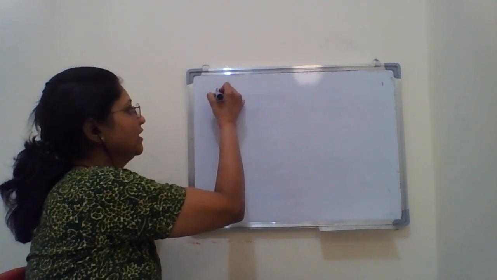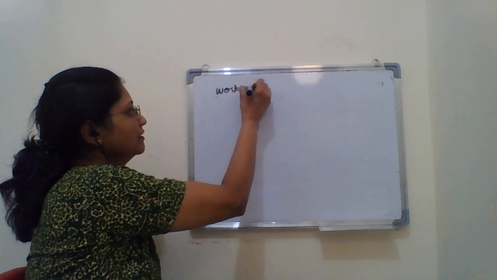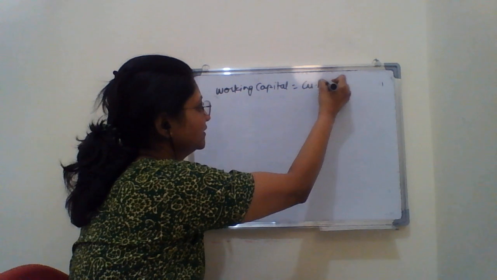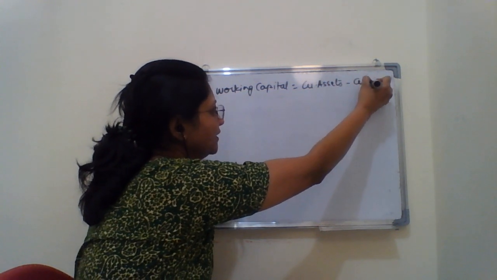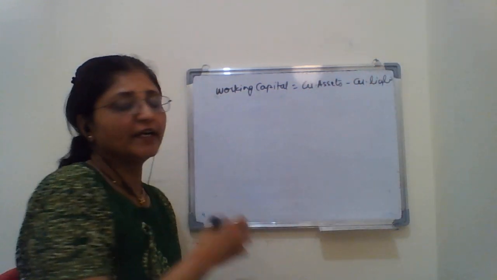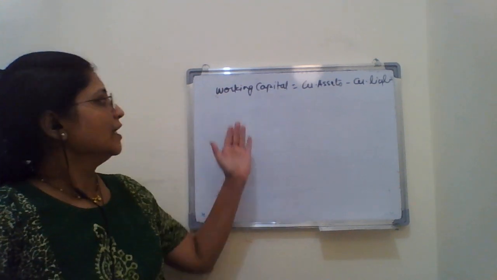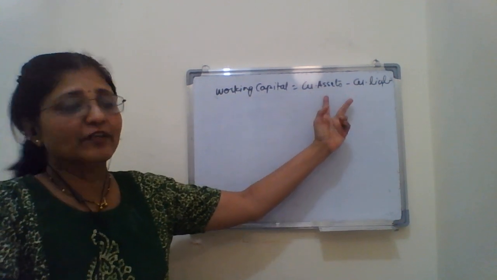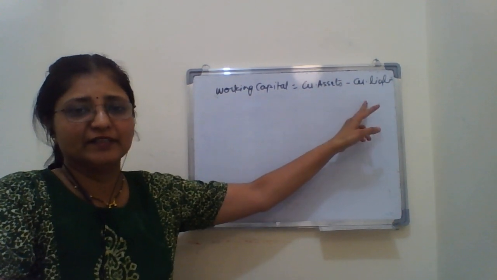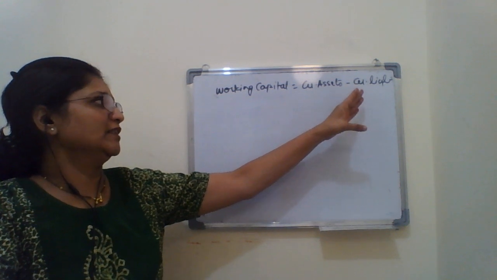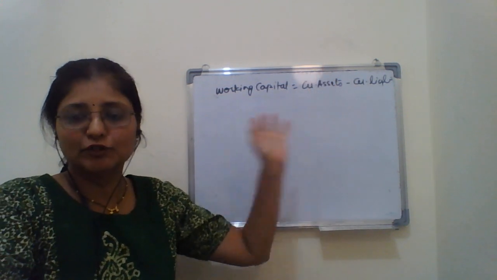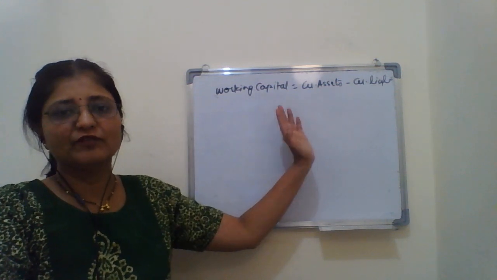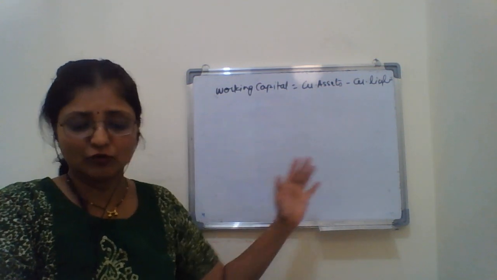One formula used is working capital is equal to current assets minus current liabilities. This formula is used in some places. If working capital is given, then the ratio between current assets and current liabilities will be given. Maybe current assets are twice current liabilities. In those cases you have to form an equation and find out the amount. If we know any one of them, we can find out the amount.